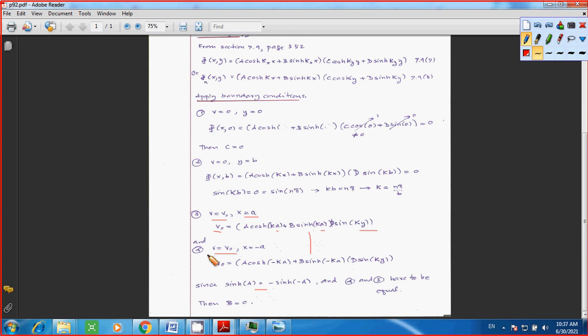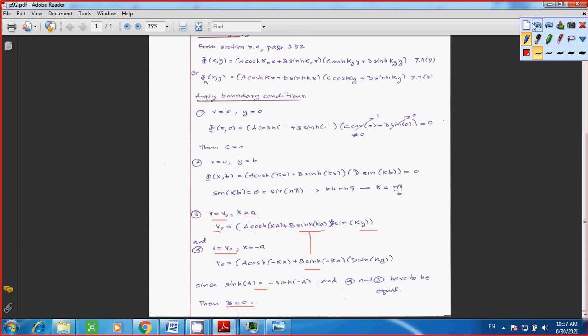Since you need a potential to be V0 for both cases, you cannot have this term, right? Because they have a different value. So that means your B has to drop, or B equal to 0.